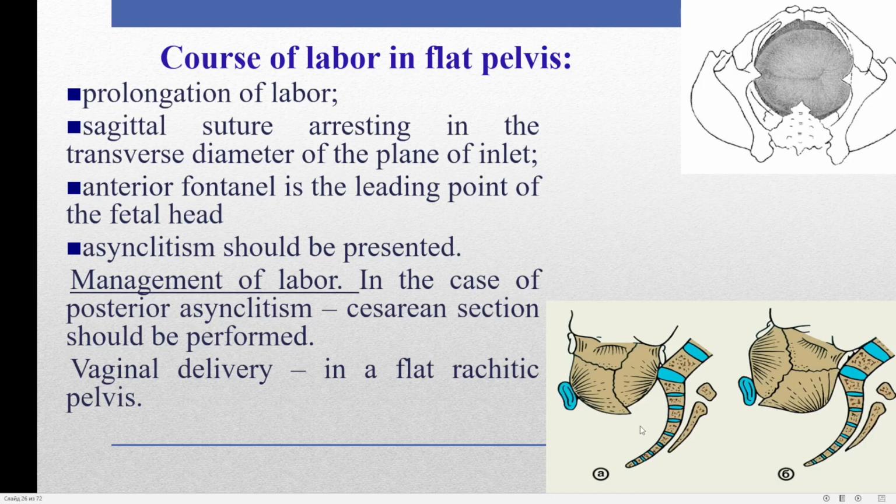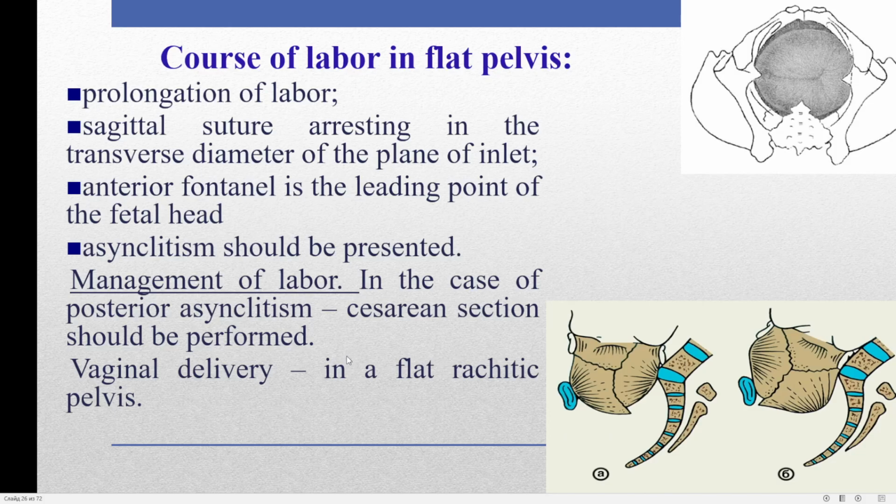In anterior asynclitism, the sagittal suture deviates to the sacrum. Usually labor is possible in anterior asynclitism, but in posterior asynclitism natural labor is impossible, and it is an indication for cesarean section.